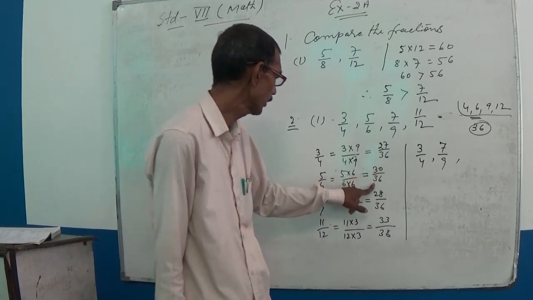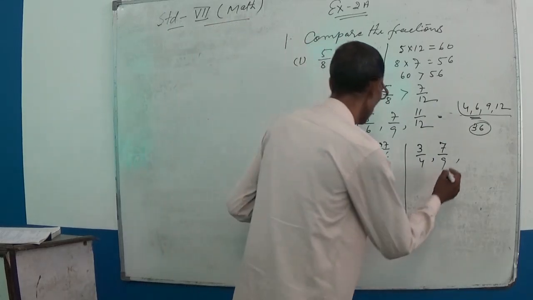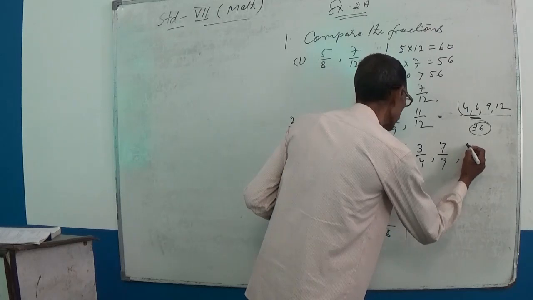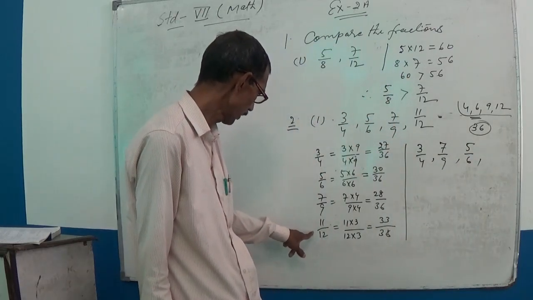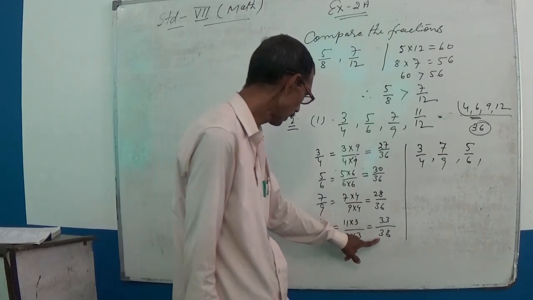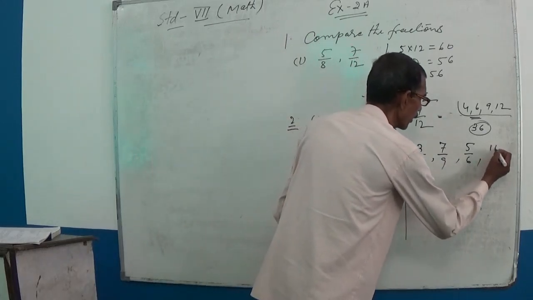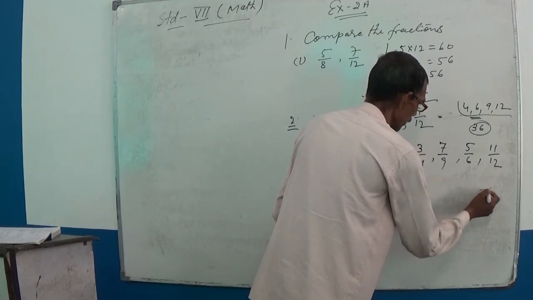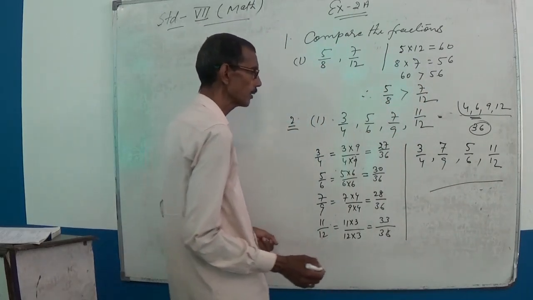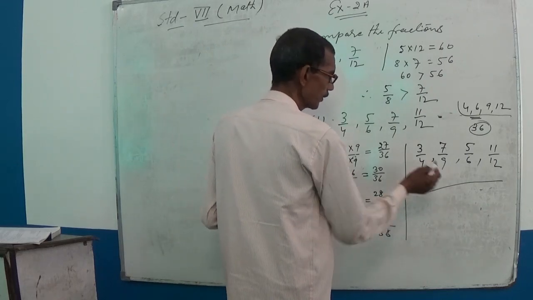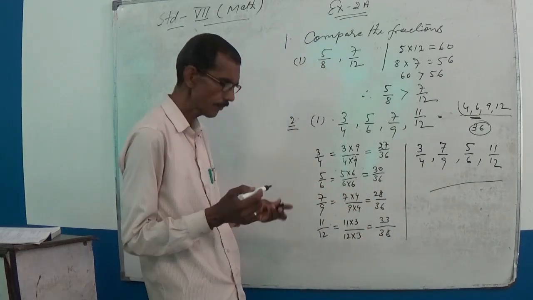Next 30 by 36, as 5 by 6. And lastly 33 by 36, 11 by 12. These fractions are now written in ascending order. Clear?